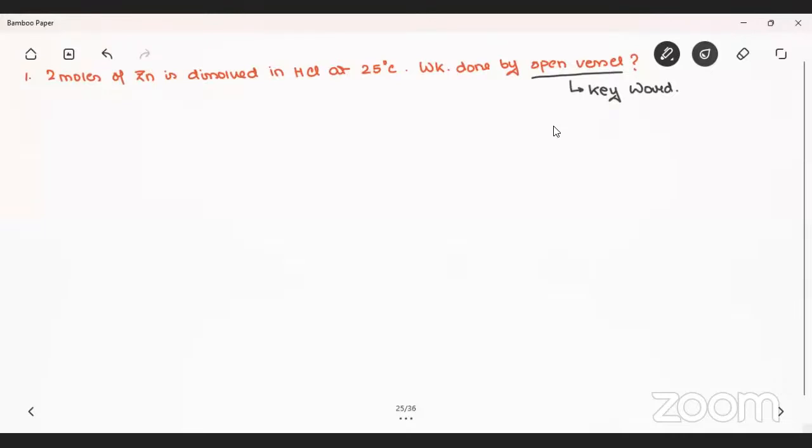Now for this question, you need to use a formula. What is the formula? Zn plus 2HCl gives ZnCl2 plus hydrogen. This is a basic formula. This is solid, this is liquid, this is liquid, this is gas.